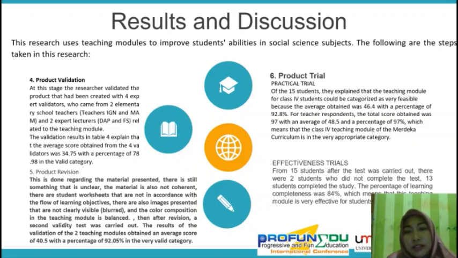And 6. Product trial. Practicality trial of the 15 students. They explained that the teaching module for class 4 student could be categorized as very feasible because the average obtained was 46.4 with a percentage of 92.8.